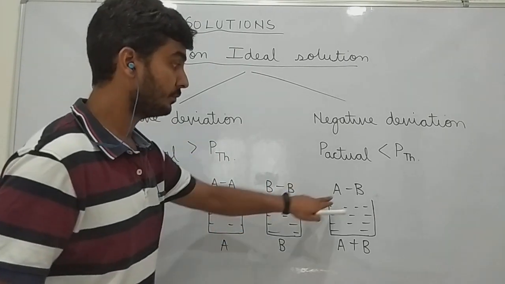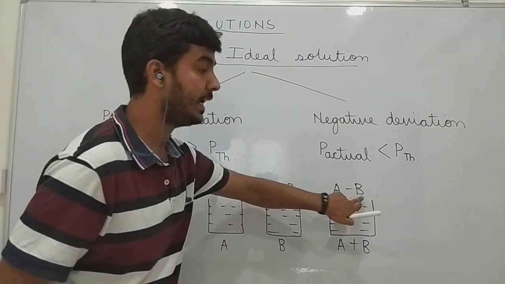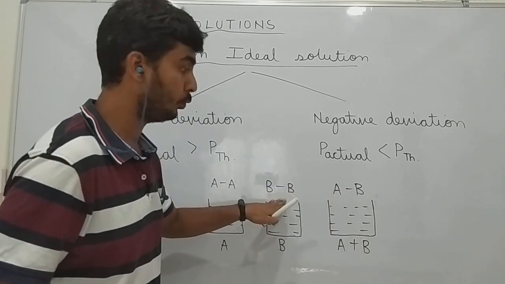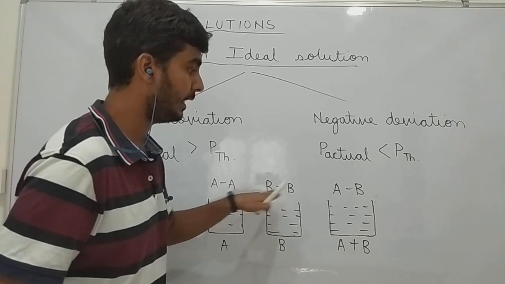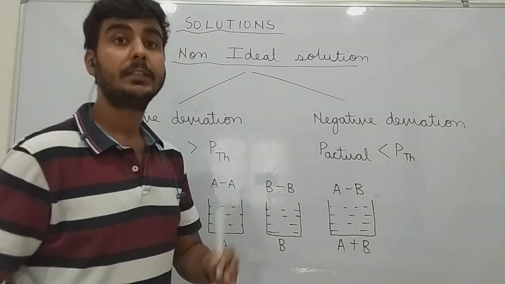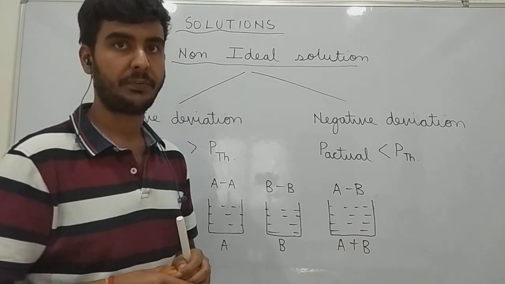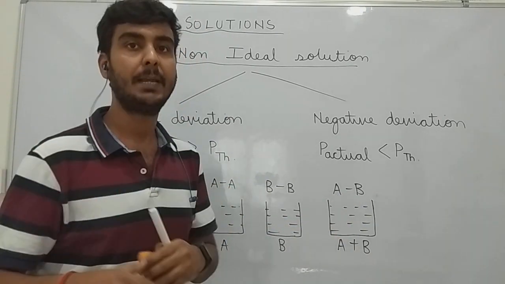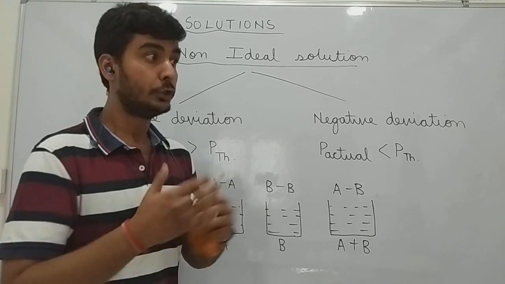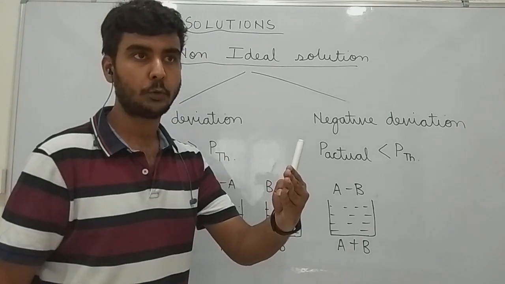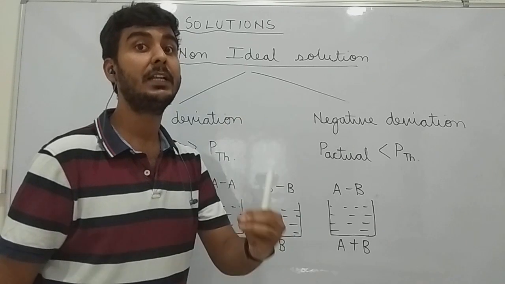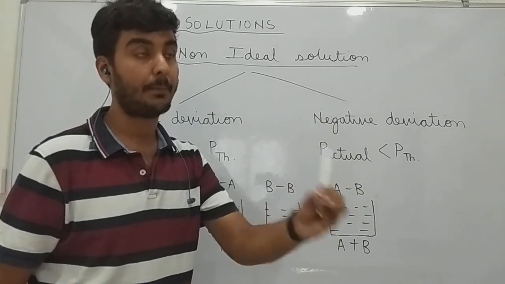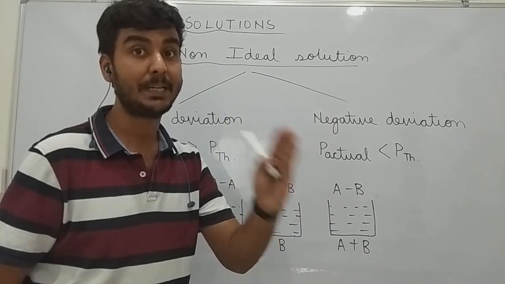Now suppose the force of attraction between A and B in the solution is weaker as compared to the force of attraction between AA and BB. So if I supply the same amount of heat, A and B will easily escape into the gaseous state. If they easily escape into the gaseous state, they will produce more vapor for the same amount of heat.